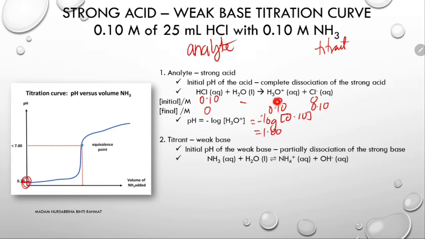So the pH curve starts from 1.00, and then you need to calculate the initial pH of your weak base, because that one will serve as the asymptote.